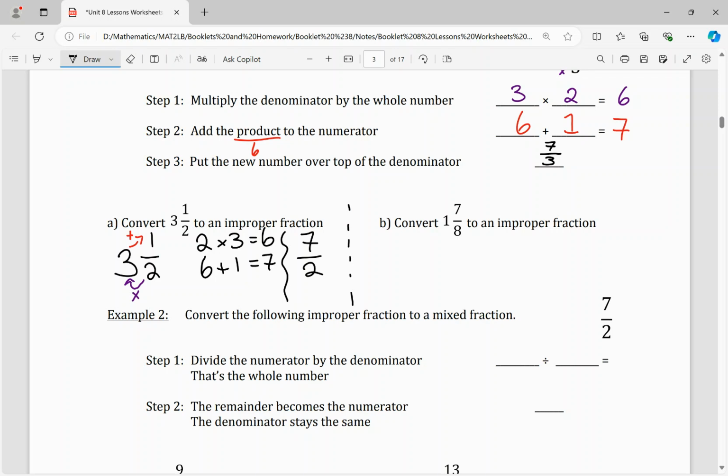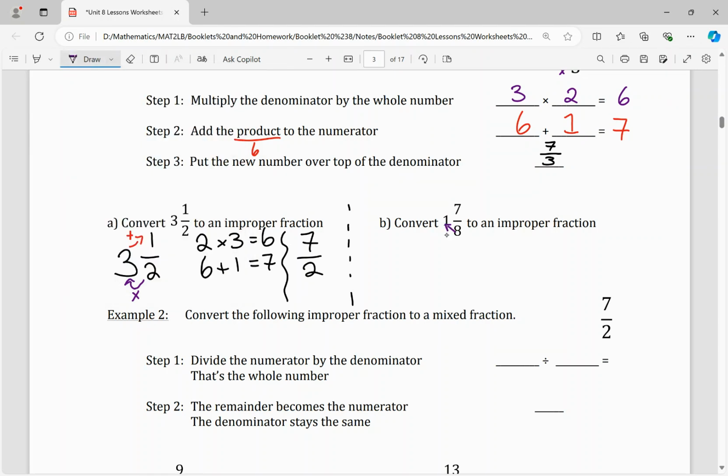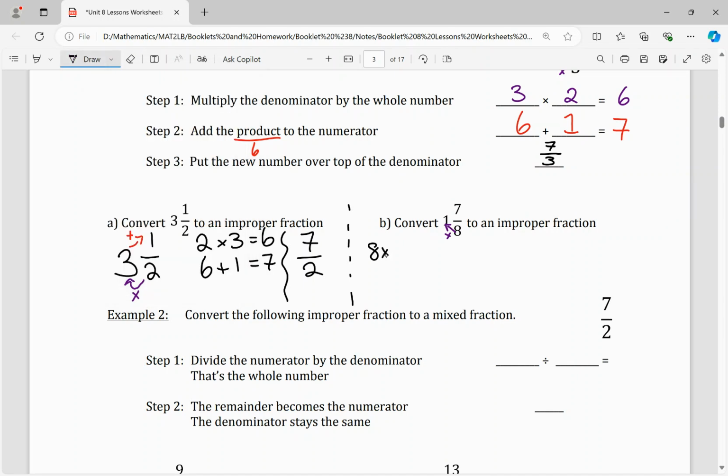Next, we need to convert 1 and 7 over 8 into an improper fraction. Step 1, multiply the 8 and the 1. 8 times 1 is equal to 1. That's not true at all. 8 times 1 is equal to 8.